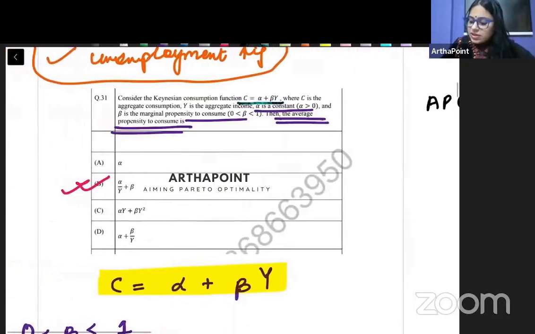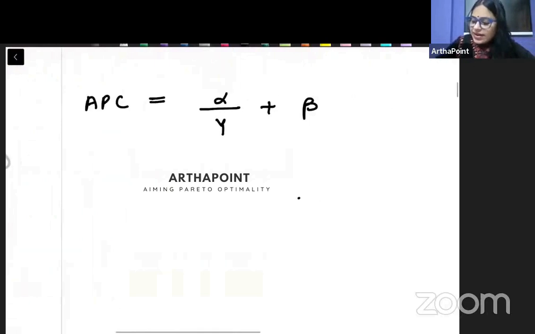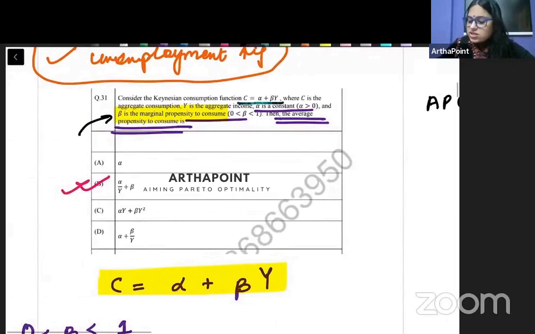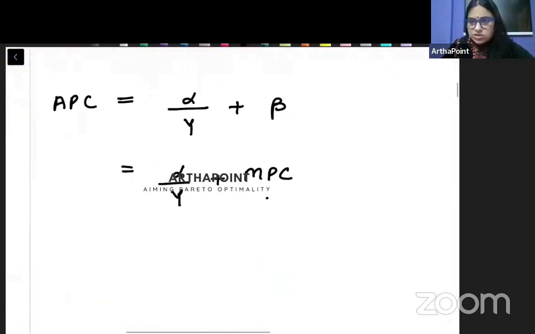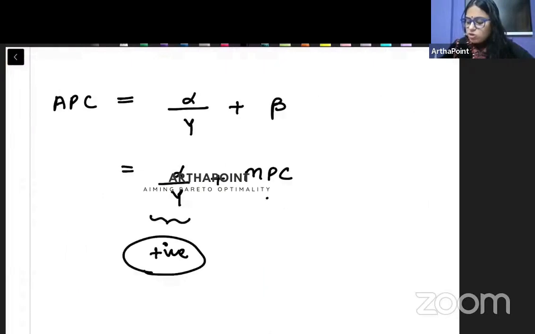But what was beta? Beta was marginal propensity to consume. So can I write this as alpha by y plus marginal propensity to consume? Beta, alpha is positive, output is also positive. तो ये हमारा कोई एक positive number रहा होगा. So I can say APC is MPC plus something.